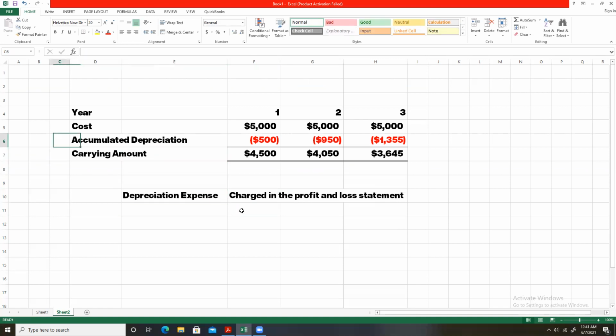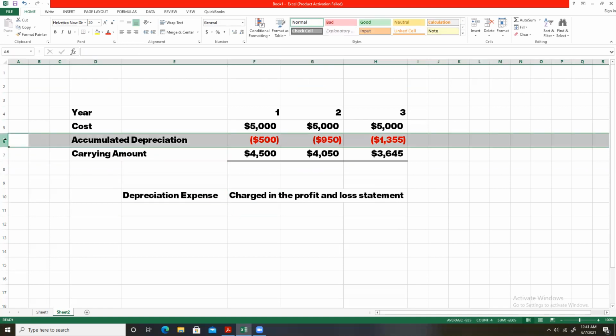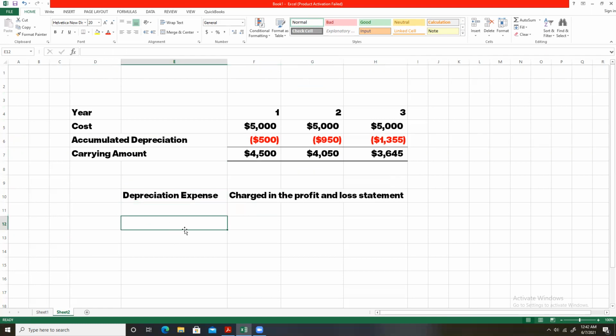But the accumulated depreciation account is shown in the statement of financial position as an opposite account.